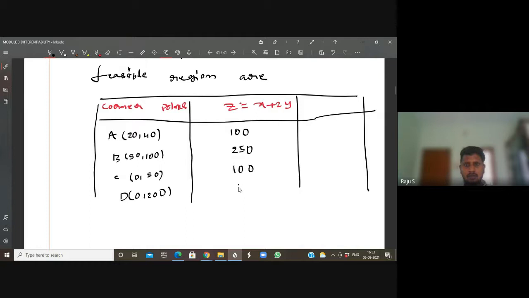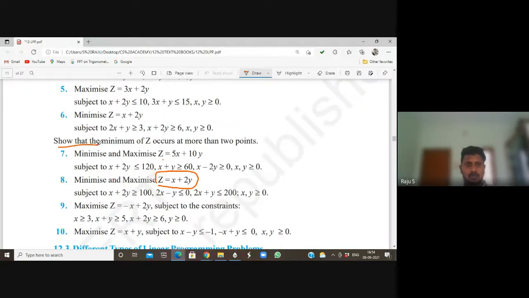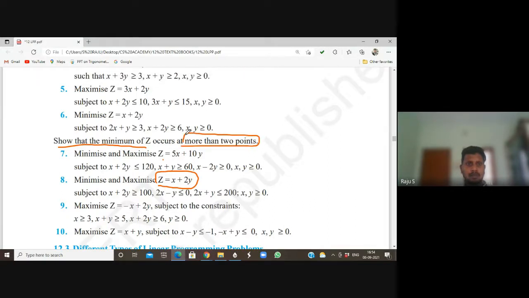100, 400. See, when you observe the question here, show that the minimum of Z occurs at more than 2 points. Minimum of Z occurs at more than 2 points means Z may be minimized, maximized.